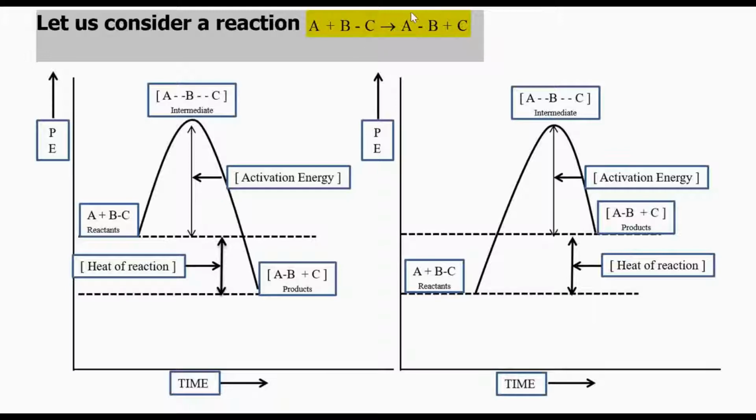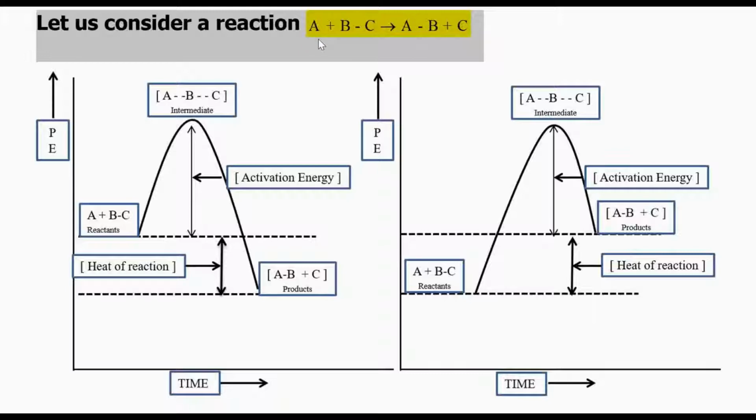Then the molecule AB is called the product, and the molecule C is called the byproduct. What is this molecule A called? The molecule A is called the attacking reagent. Attacking reagent is a reagent which attacks the substrate to give the product.